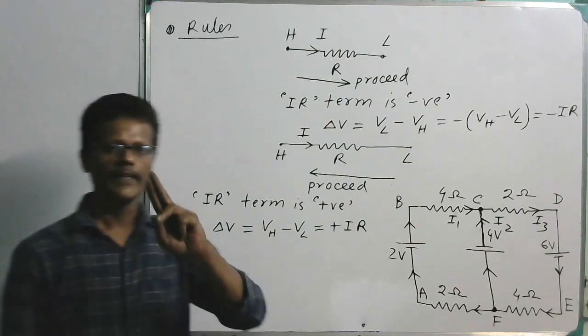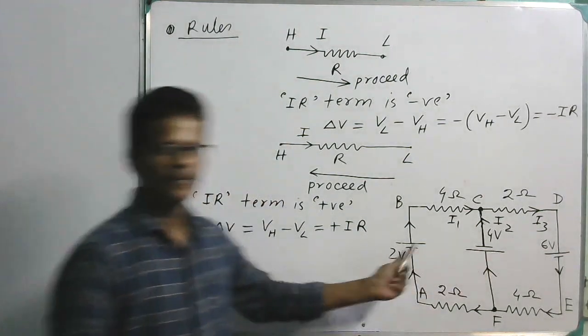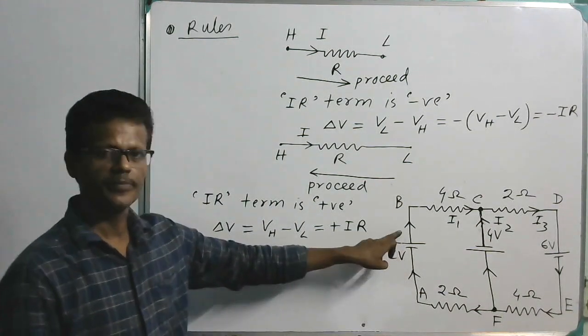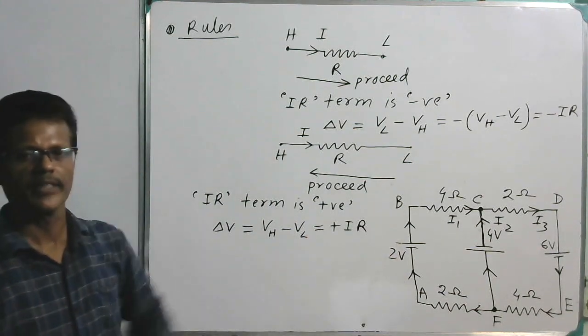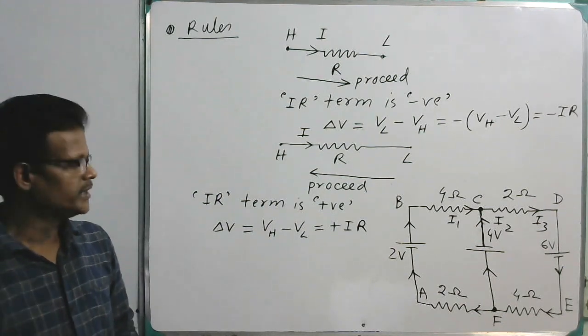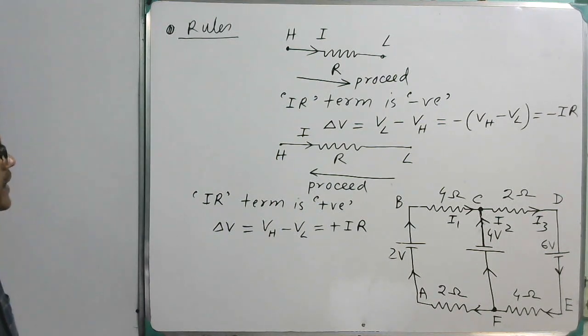There are another two rules, for the electric cell. When we proceed from negative to positive terminal or positive to negative terminal of a cell, is the EMF term E positive or negative?